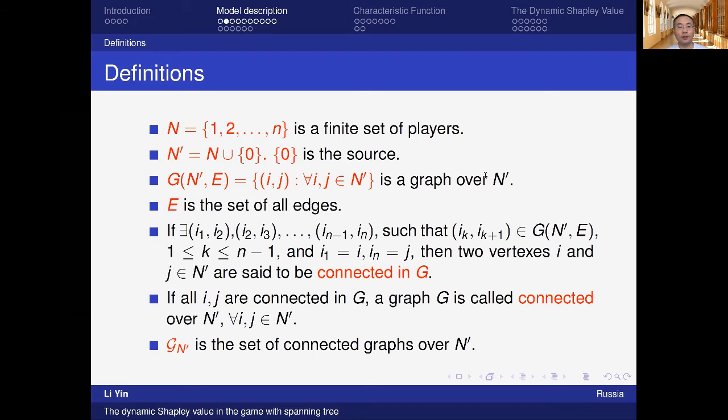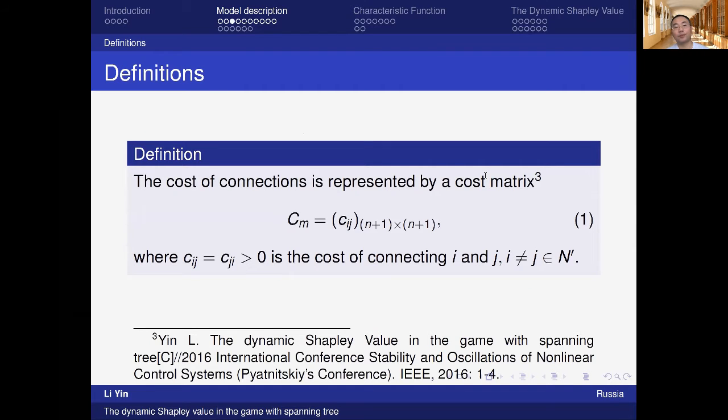The definitions of graph, the set of edges, and the concept of connected graph are given as below. It's important for us to consider how players construct a minimum cost spanning tree in dynamic situations.